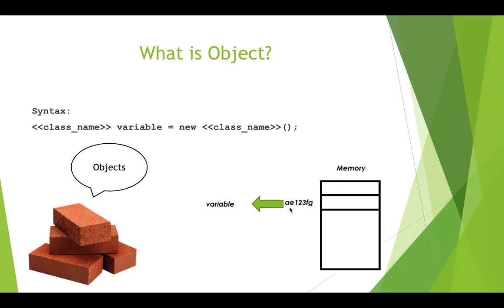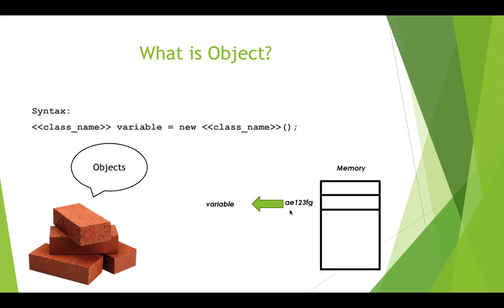Memory is some address like A123, and z is a variable, right? So what is this? See, in the creation of an object, if you use the new keyword, it will store that object in one particular place in the memory. It will create the memory allocation, and it will give one address.